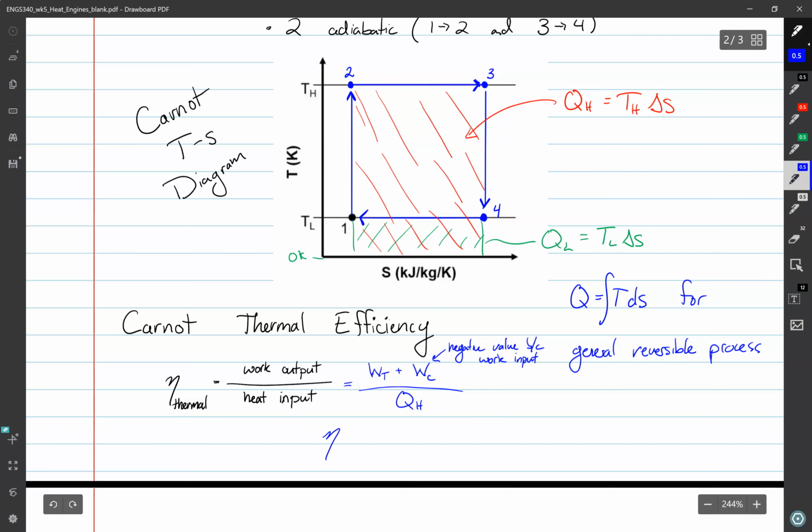Or we can write that, using the simplification that we did before, that this is QH minus QL over QH, which would be equal to 1 minus QL over QH.